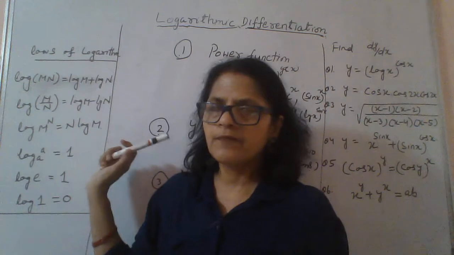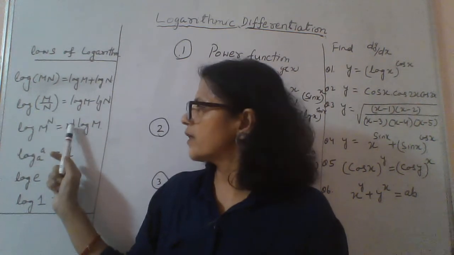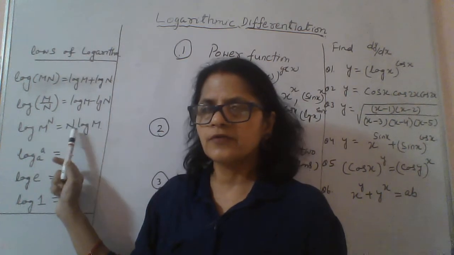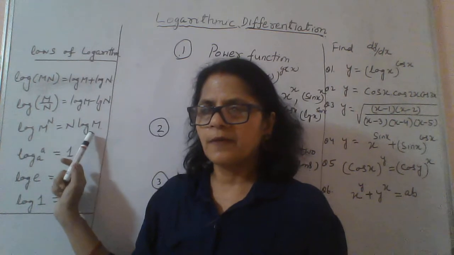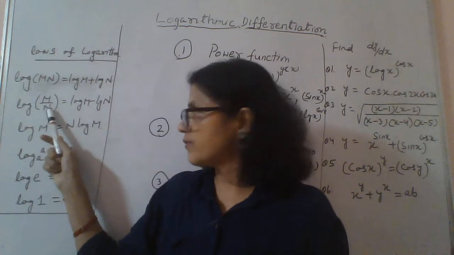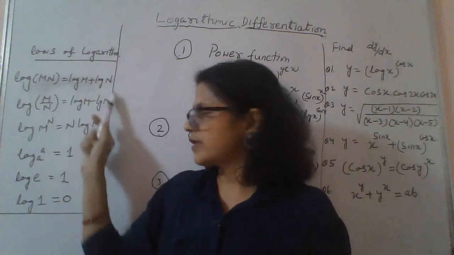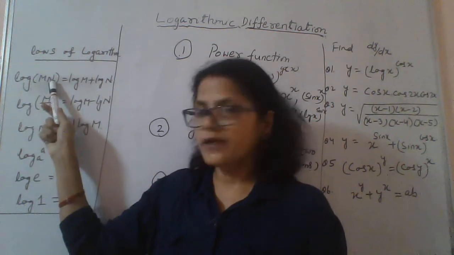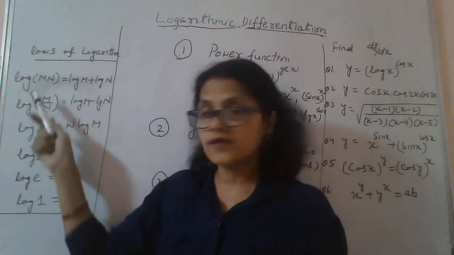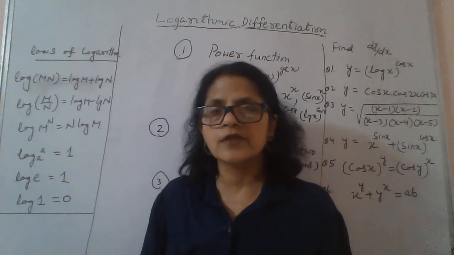Whenever we have a power function, log m to the power n equals n log m, so we get a product of two terms, and the product rule can now be applied. Whenever you have a quotient of two functions, log m by n equals log m minus log n, so the derivative of this equals the derivative of that. Whenever you have a product of functions, even three functions, log mnp equals log m plus log n plus log p.